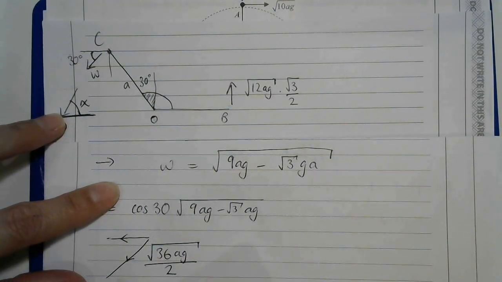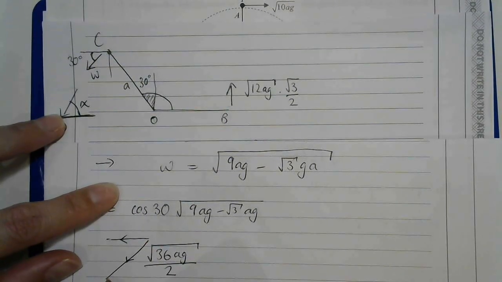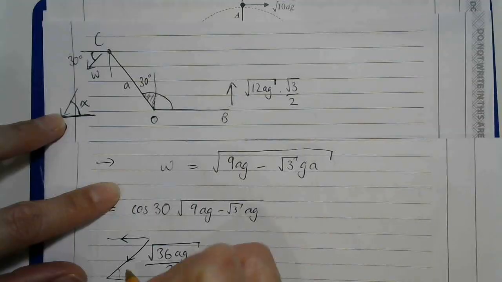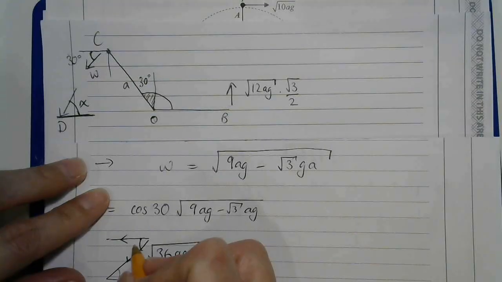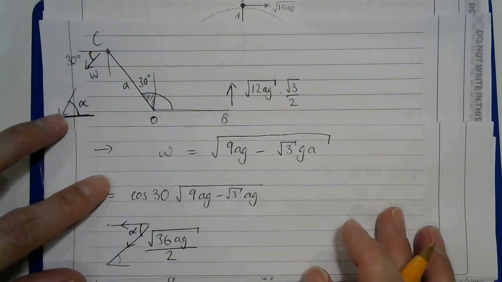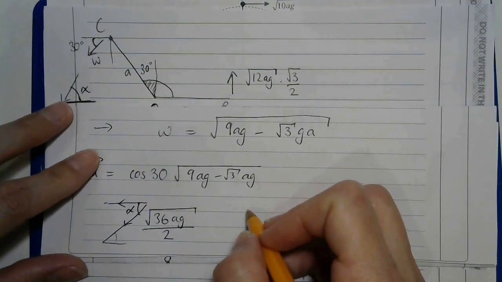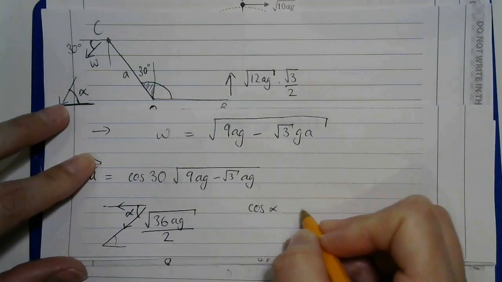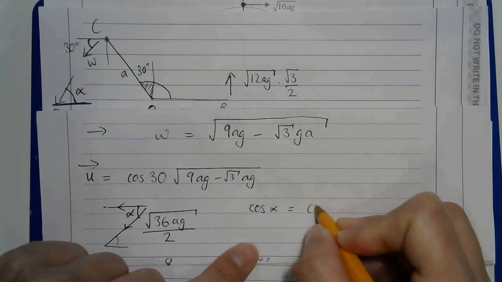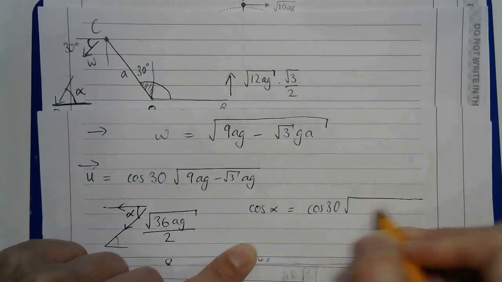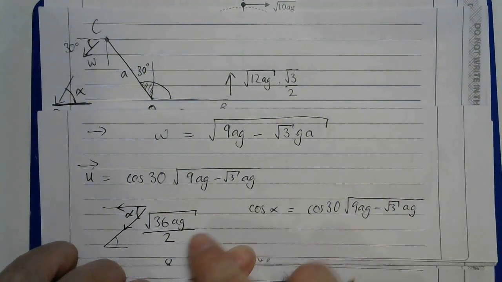And if I want the angle between the final speed and the horizontal, then that would be here. And so using alternate angles, that's this angle here, which is alpha. Okay, so now I just need to say that cos alpha is the adjacent, which is this thing, divided by this thing.